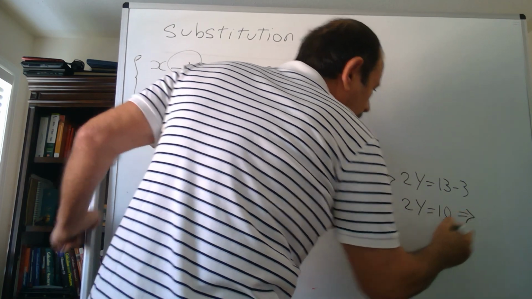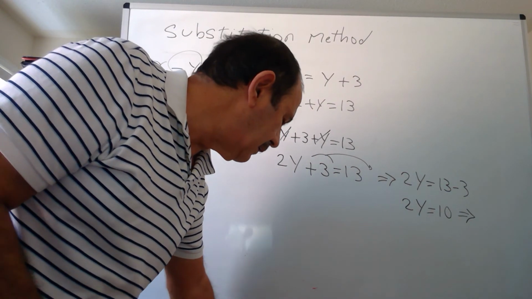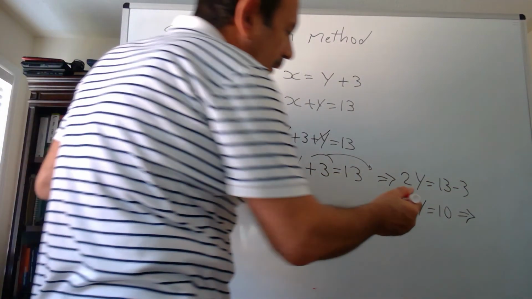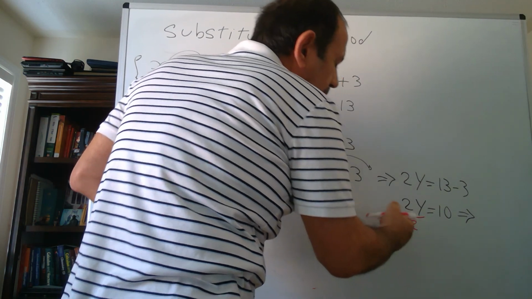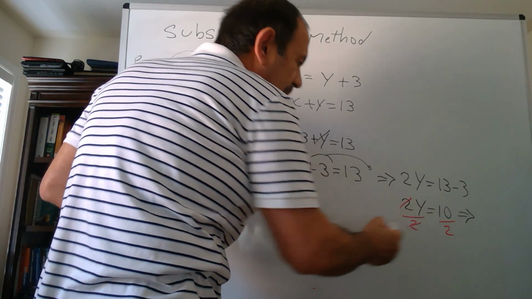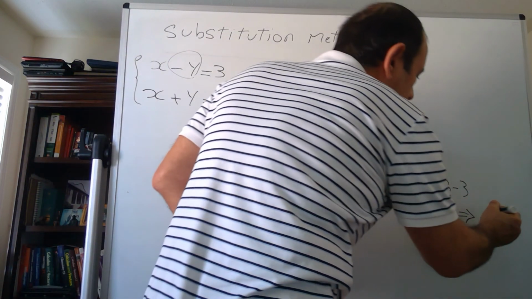If I divide both sides by 2, which is the coefficient of y, whatever I'm doing on one side, I have to do on the other side. These two cancel each other, and y is equal 10 divided by 2, which is 5.